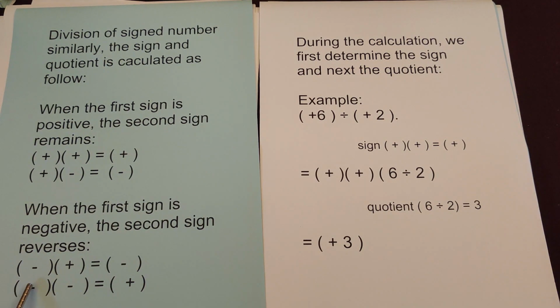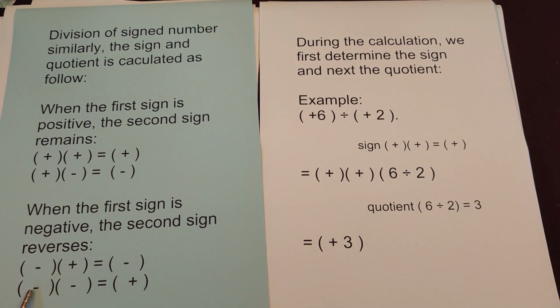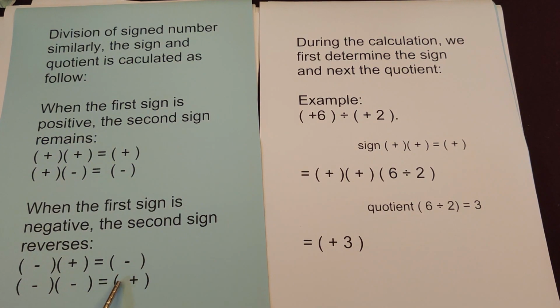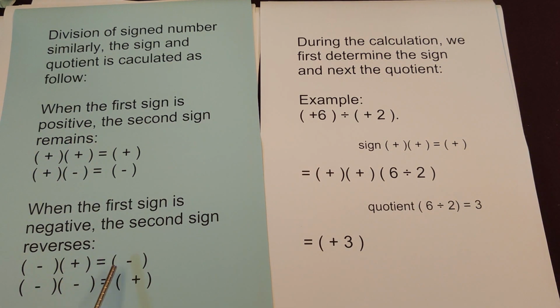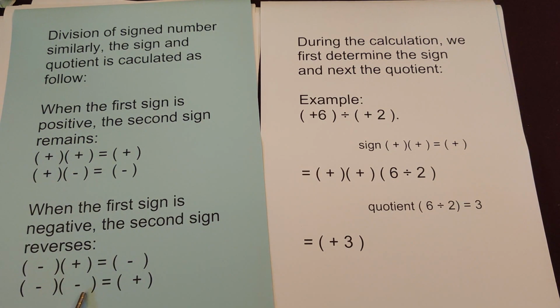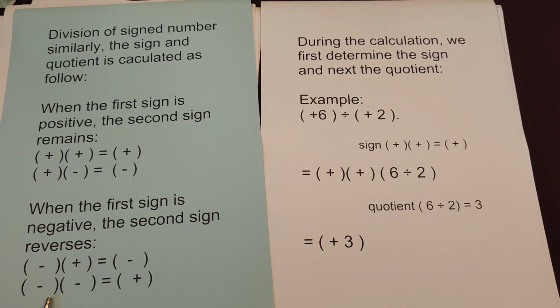When we have a negative sign on the first one, then the answer has a result that reverses that of the second one, so it reverses from negative to positive. Or we may take it another way. When the two signs differ, we have a negative result. When the two signs are the same, we have a positive result.